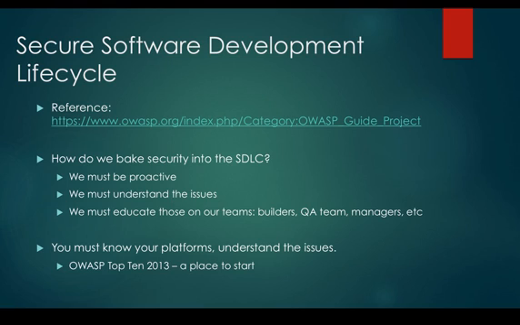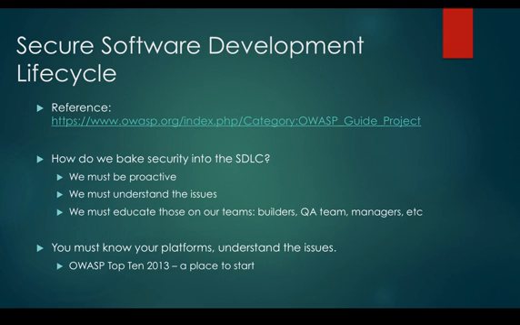The browser, the client server model, HTTP, TLS, SSL, there are a lot of things you need to be aware of. You need to understand those issues, and then be proactive in making sure that the application is tested for them, the issues are resolved and fixed, that you can identify them, and that the developers have a good idea of the security issues going into the original development of the software itself.